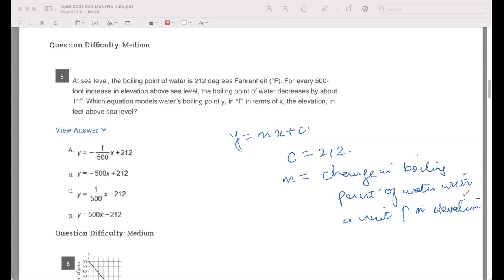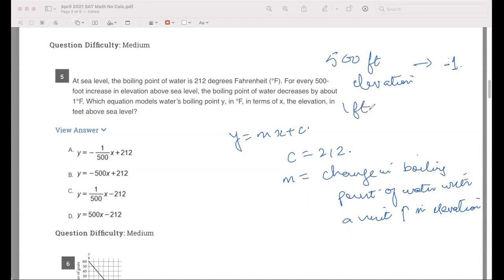So if you're increasing elevation by 1 unit, then the change in the boiling point of water is the slope. So we know that for 500-foot elevation, the boiling point decreases rather. So -1 is the change.